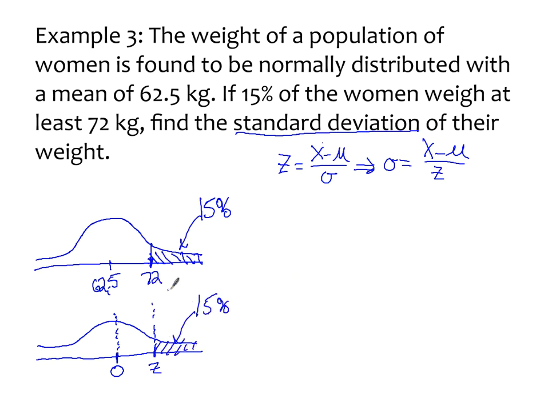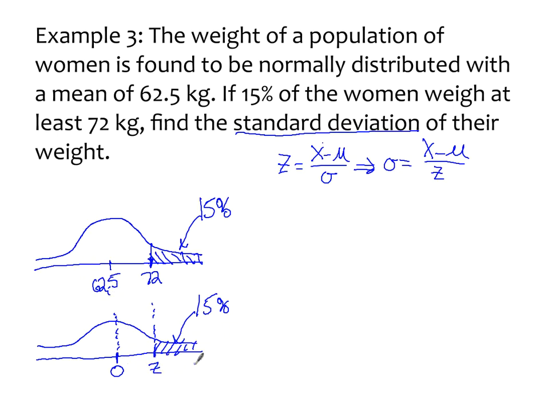Hopefully that makes sense. This is sort of a key notion in dealing with the normal, right? There's some z-score in the standard normal that matches up with 72 such that the percentages are the same. And that's all we really care about, because what that means is the following.